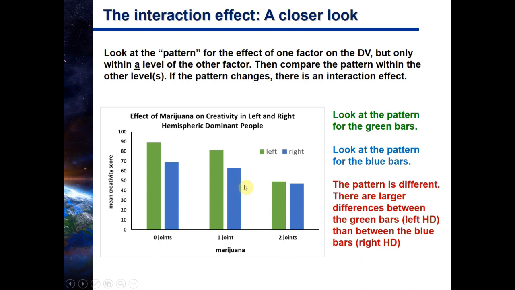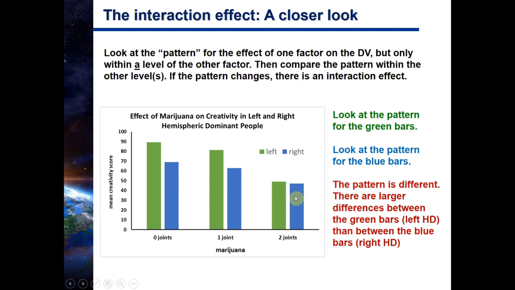If we stopped there and just had these two levels, I would say there's no interaction, because the extent of the difference between the two greens is about the same as the extent of the difference between the two blues. Sorry, I pointed to the wrong bars.